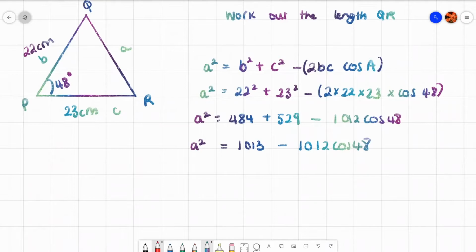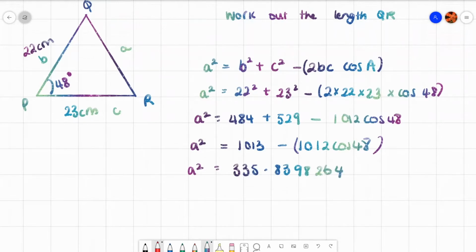So as it is now on my calculator, I'm going to tap that in. I'm going to do 1013, take away 1012, and I'm going to put this in a bracket because it's all one, times cos 48. And I end up with A squared equals 335.8398264.